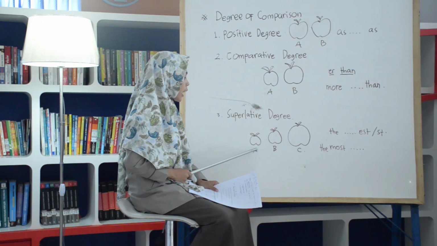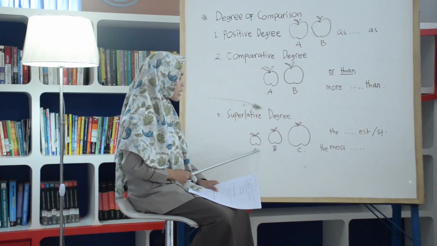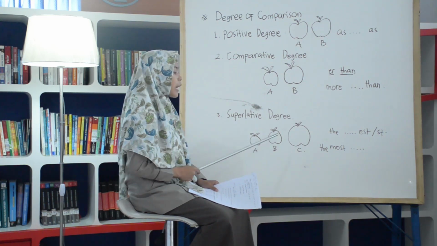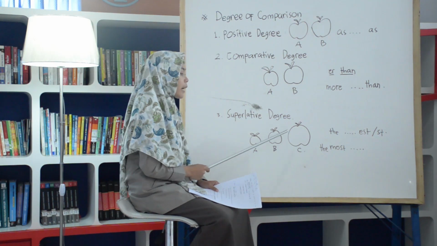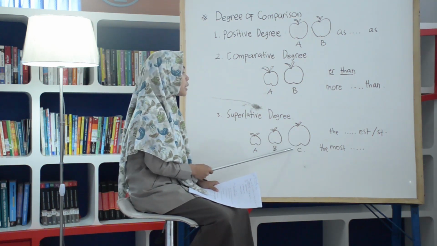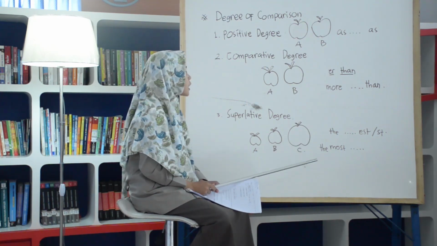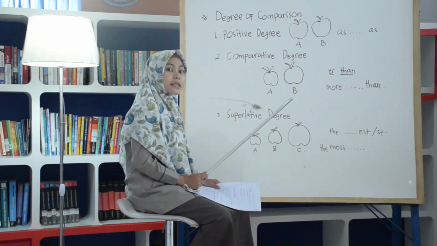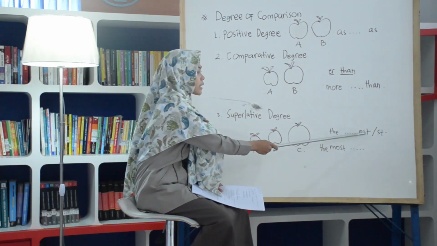The apple A, B, C. The apple A is smaller than apple B. Apple B is smaller than apple C, and apple C is the biggest one here. If the adjective is one syllable, you have to add est.